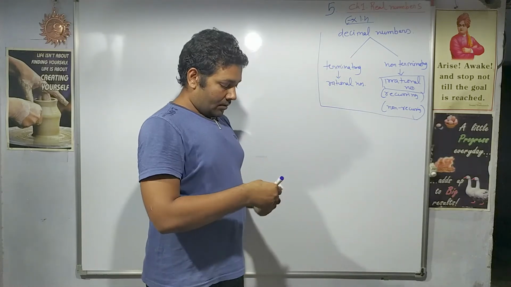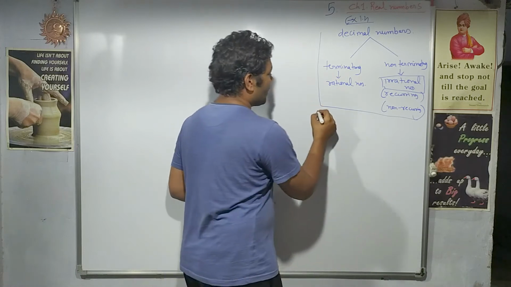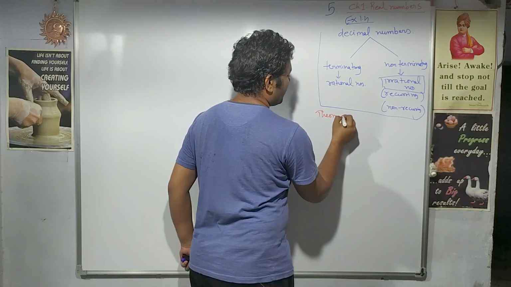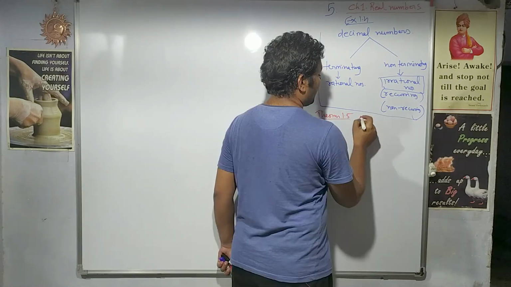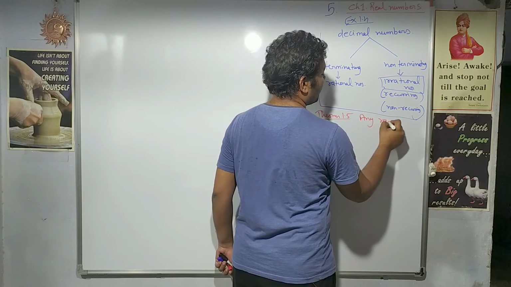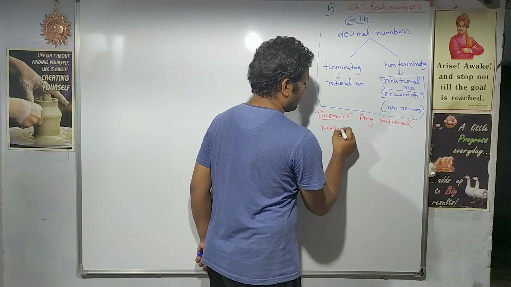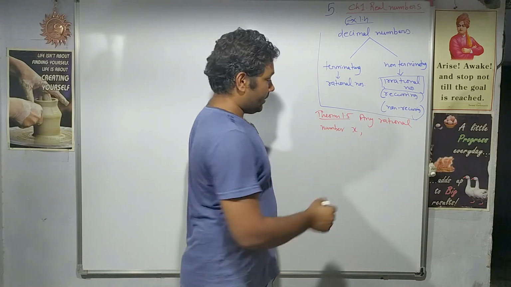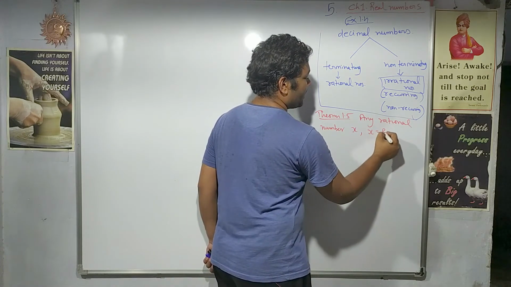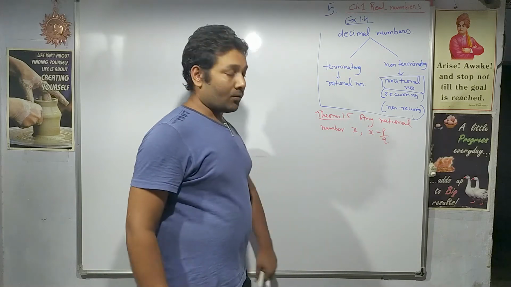Based on this, we have three theorems. Let us see those theorems. We have theorem number 1.5. Any rational number x can be represented in the format p by q.